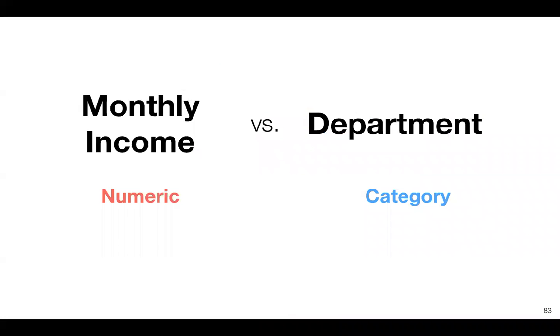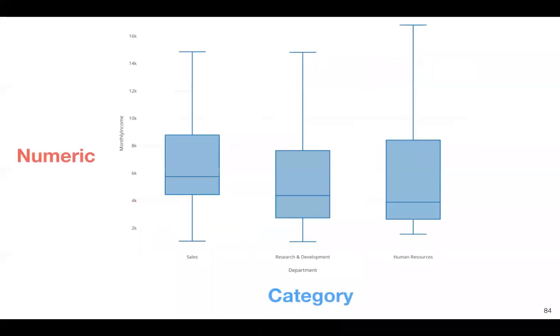But now, sometimes things get a little bit more complicated. That is when we have a categorical variable as a predictor. So what does that mean? When you have the categorical on the x-axis, for example, let's pick department. So in this data, there's the sales department, research and development, R&D, and then human resource, HR.